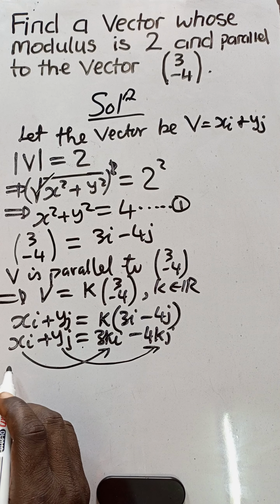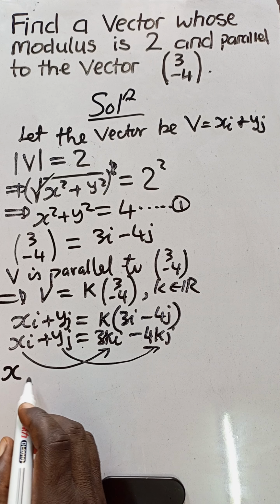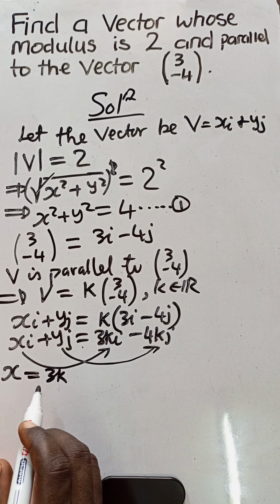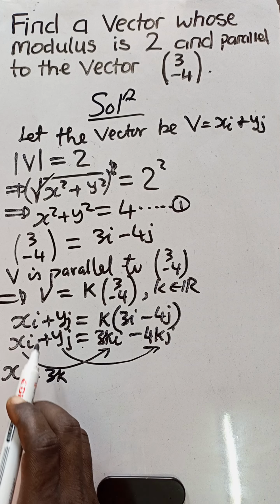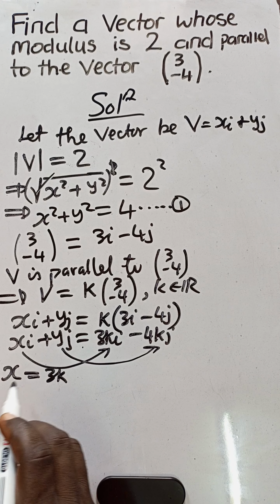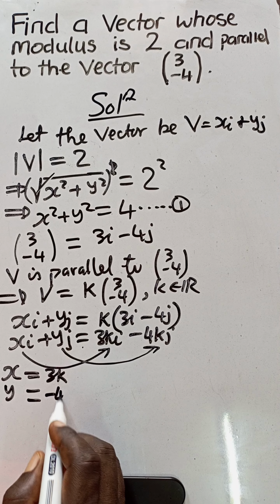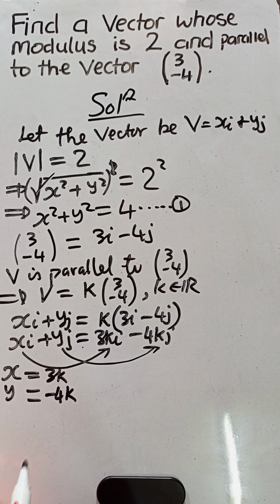All right, so if we do that, then we are saying that x is equal to 3k when we equate the i components. And when we equate the j components, we say y is equal to -4k. That is the j component.